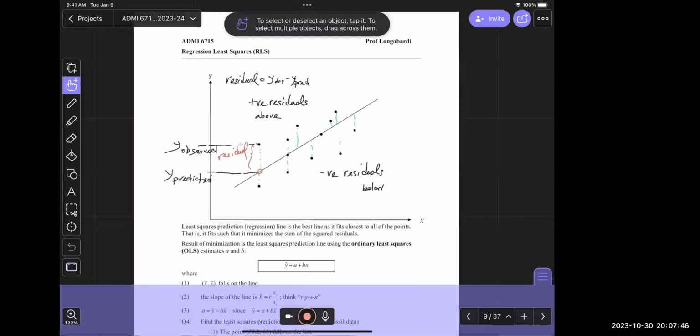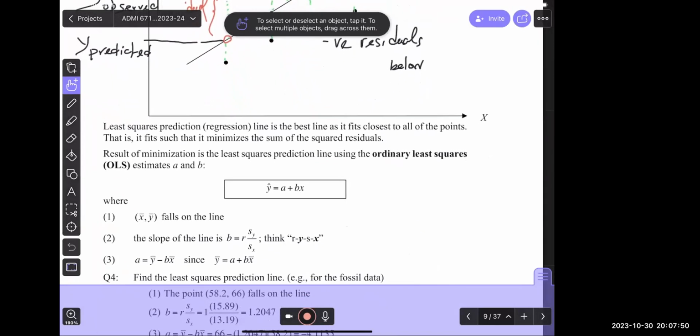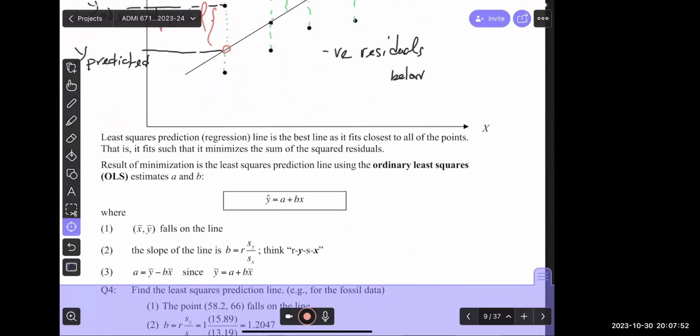And the results of doing that mathematically give us this. Now, this is known as the ordinary least squares result that uses calculus, with these three main results that I'm going to go through below.